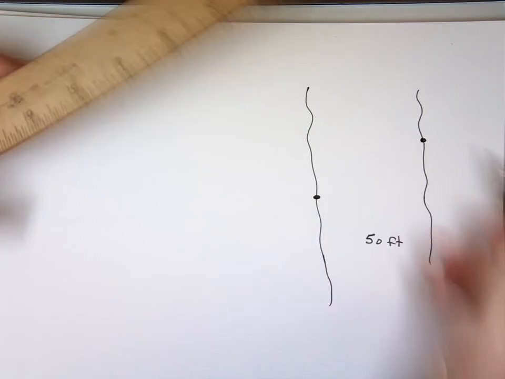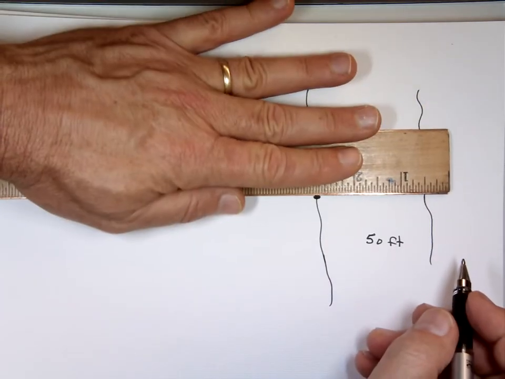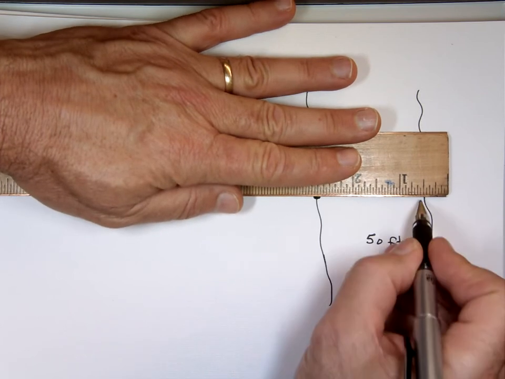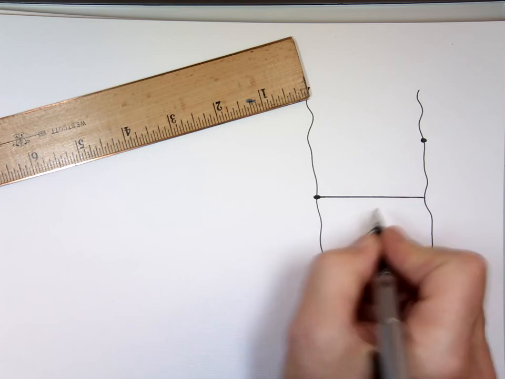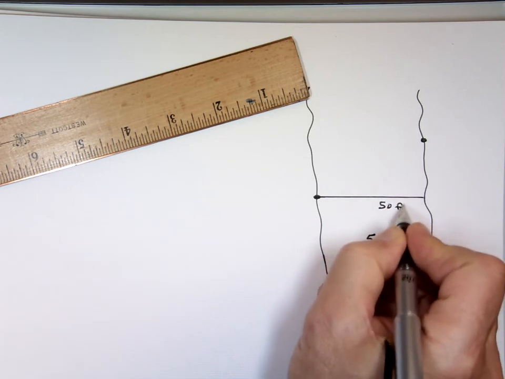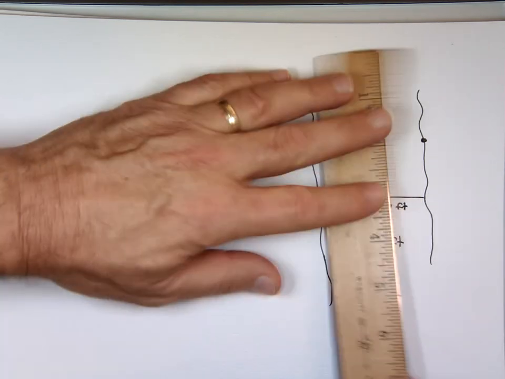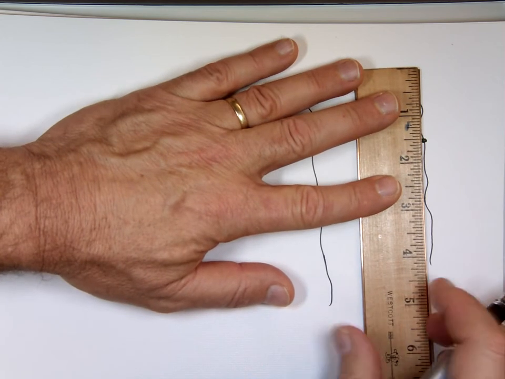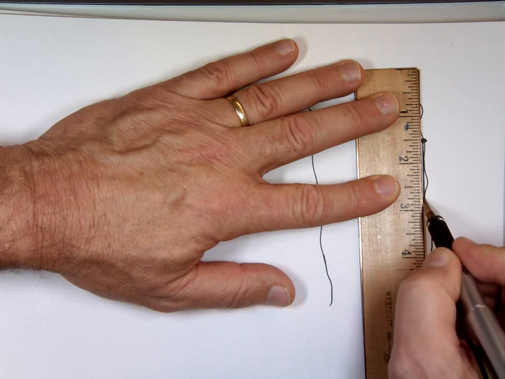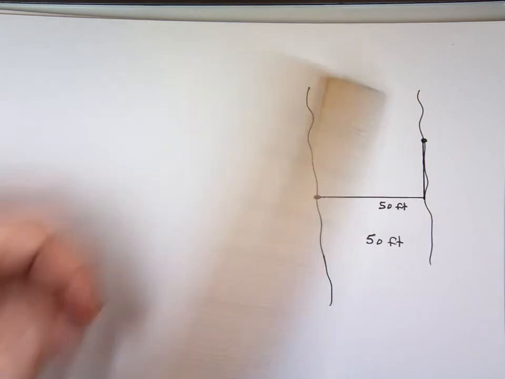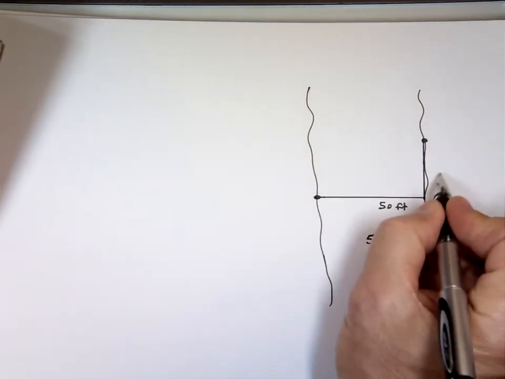Well, you know that distance is 50 feet. Somebody on the other end went and measured the distance along the bank, and they said that's 30 feet.